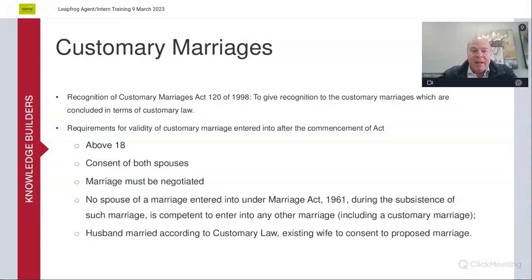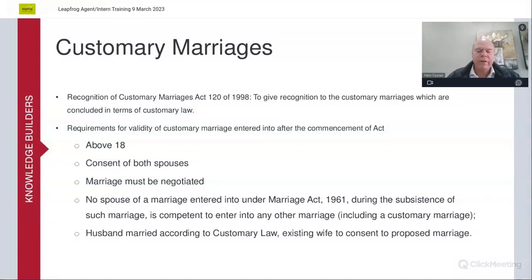Then, customary marriages. The recognition of customary marriages came into operation to recognize the indigenous African people of South Africa, because there are obviously certain traditions that indigenous African people go through in order to get married, not going necessarily to a marriage officer that is registered as such.